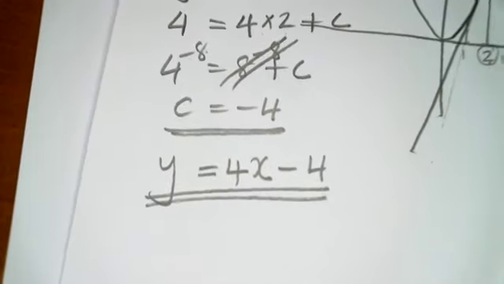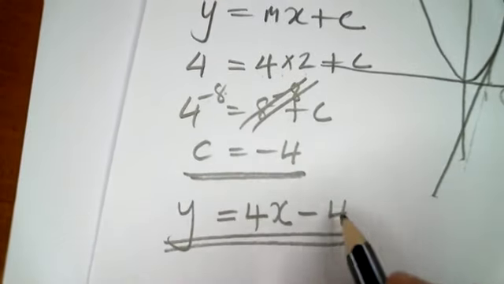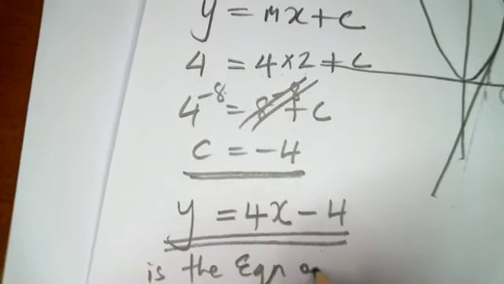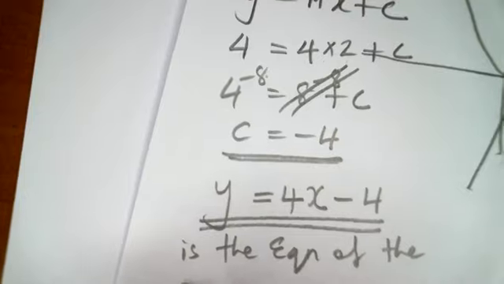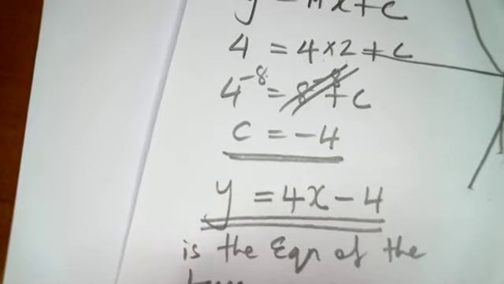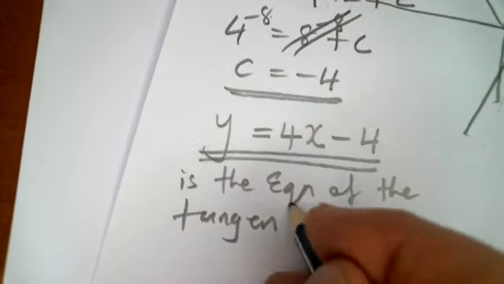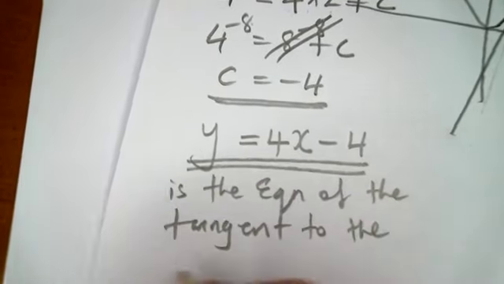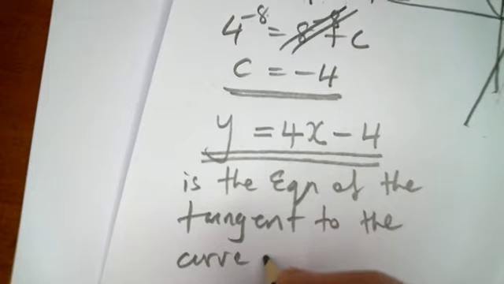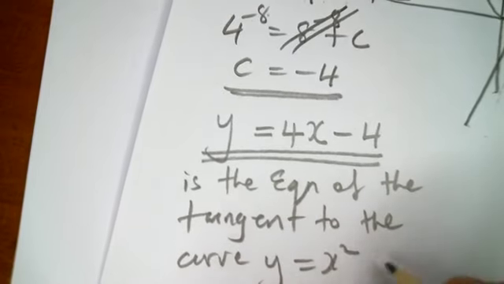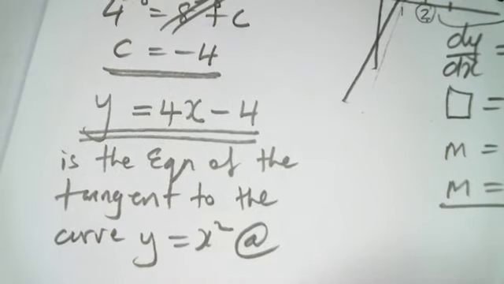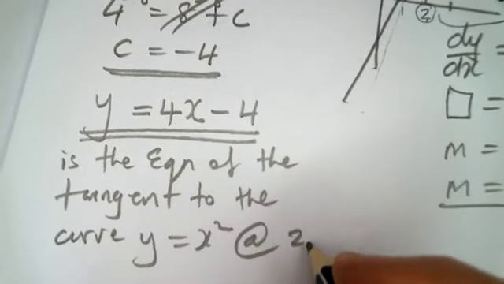And that's what we want to put: the equation of the tangent to the curve y equals x squared at, and I want to put the "at" part, 2, comma 4.